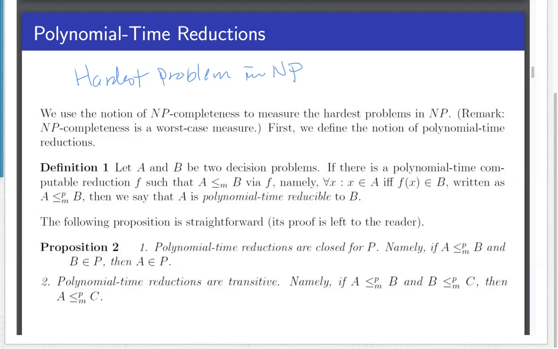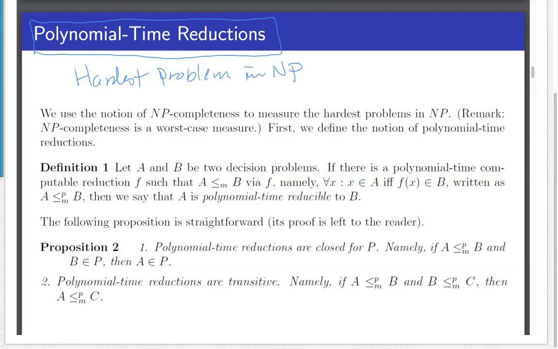So we need to use some tools. The tool here is called polynomial time reduction. We can reduce a problem to a different problem.